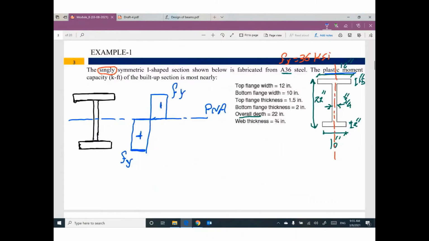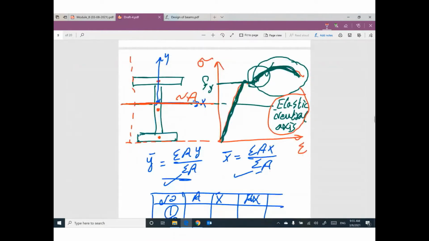But here we are talking about something different. It's very important to understand this concept. Right now, we are talking about something called the plastic neutral axis, which does not coincide with this one. I don't know where it is.